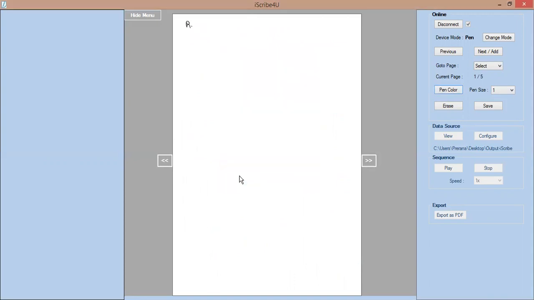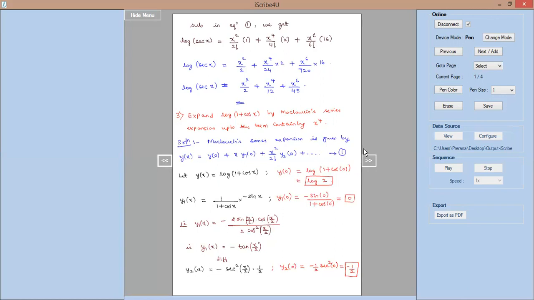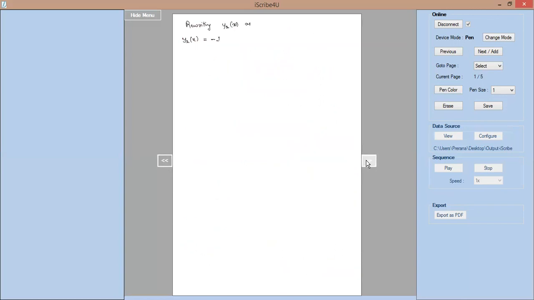So y2 of x is equal to, I have to retain minus half as it is, and secant square is written as 1 plus tan square. X by 2 is the function, so we'll write down x by 2 as it is. So this can be written as minus half into 1 plus y1 square.